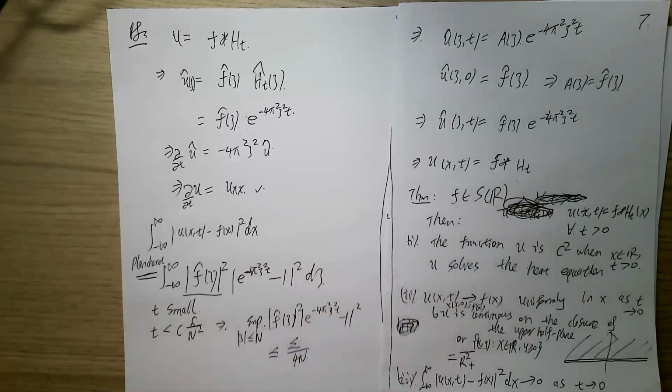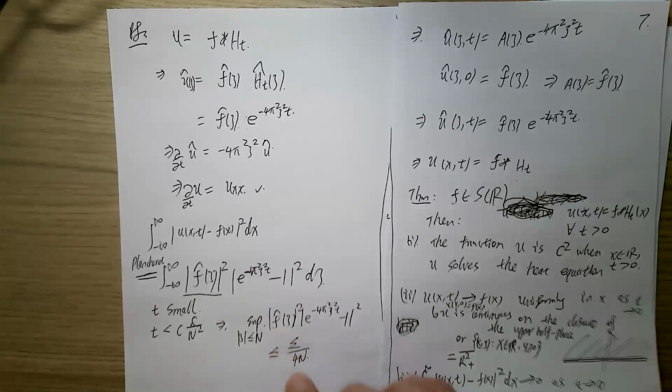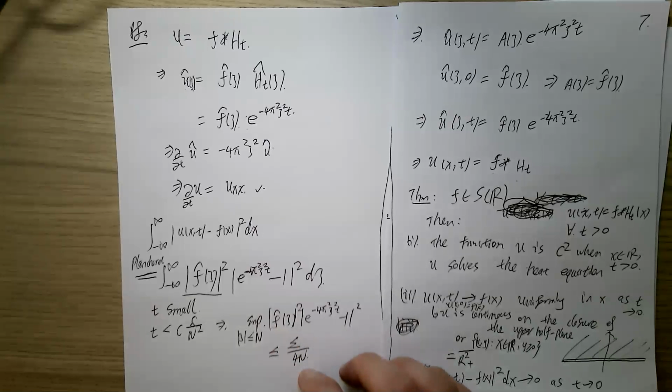You can choose N big enough, and this guy decays much faster than 1 over N squared, so you can make it epsilon over 4N.